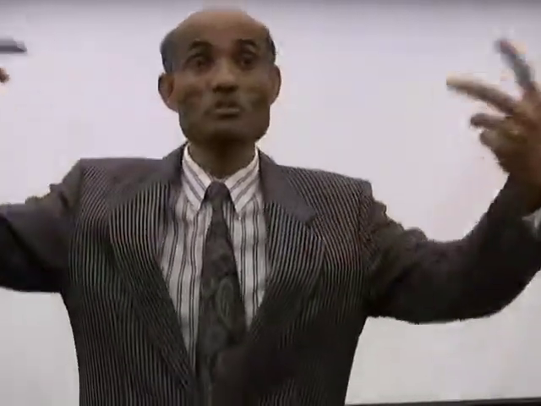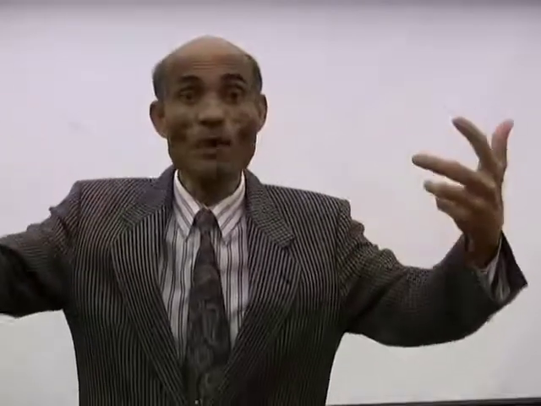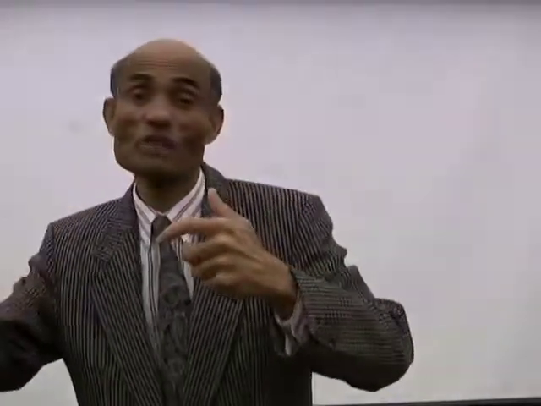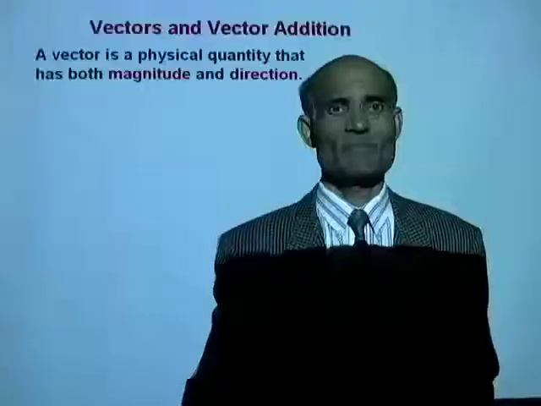So in this lesson, we are going to deal with vectors. How do we add more than 1 vector? When there are 2 vectors or 3 vectors, we will be able to add them to obtain a resultant vector. All these things we are going to do in this lesson. Okay, let's start.